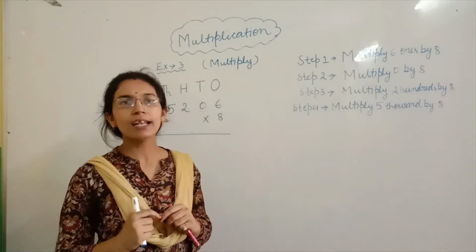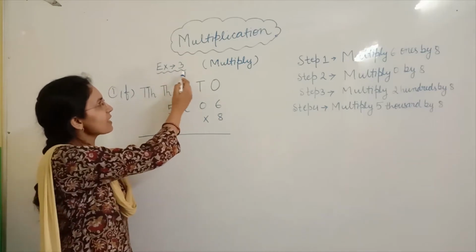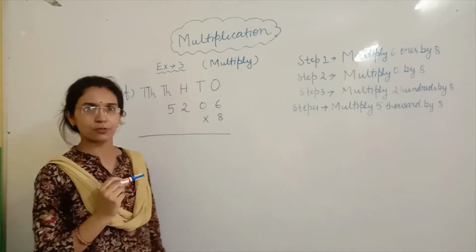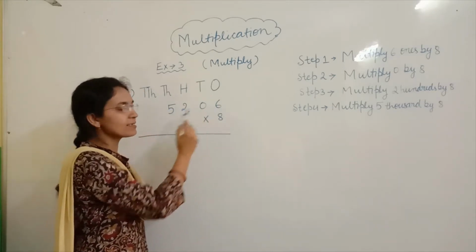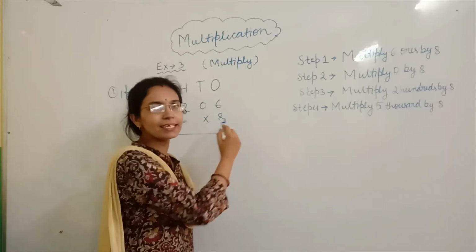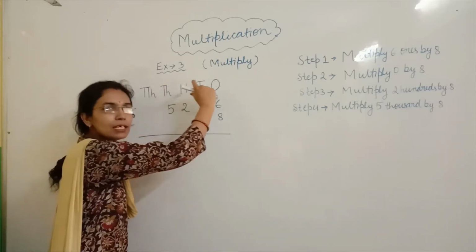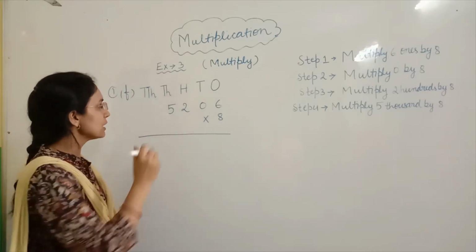So here I begin. See your question, exercise 3, question number 1. Your question is 5206 multiplied by 8.